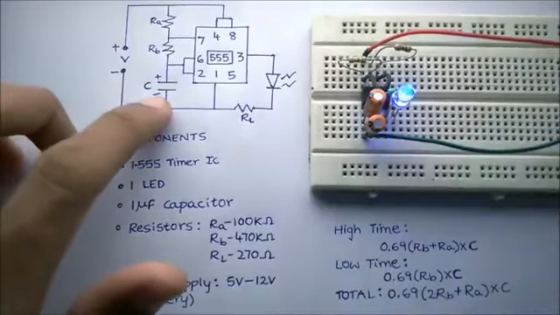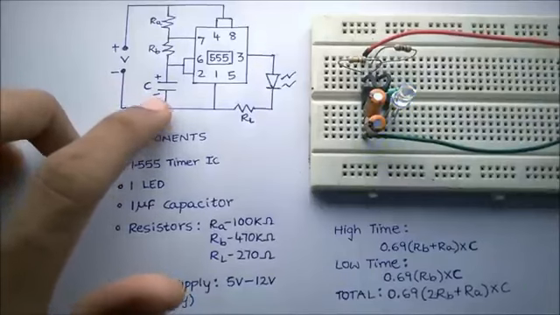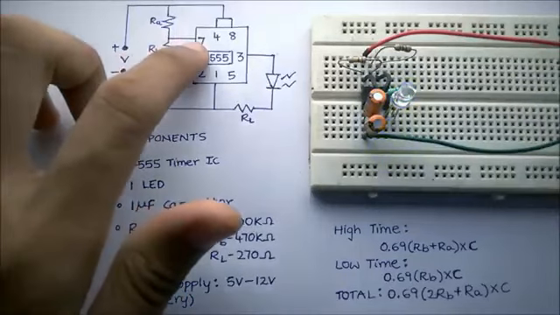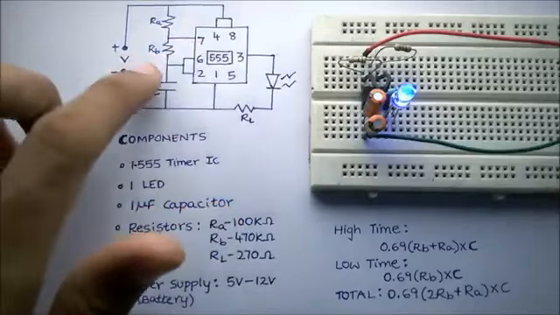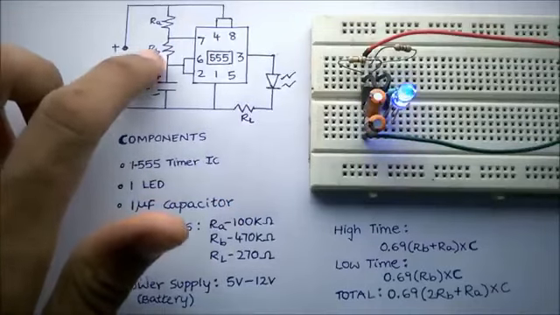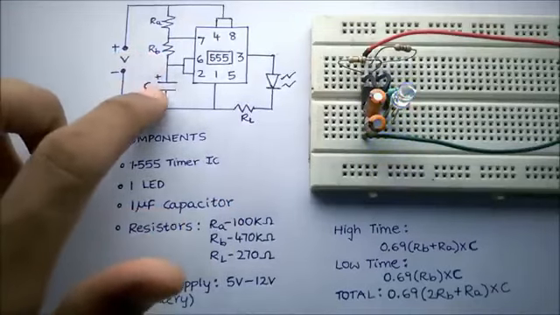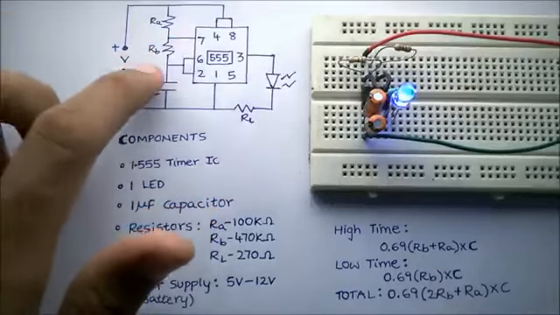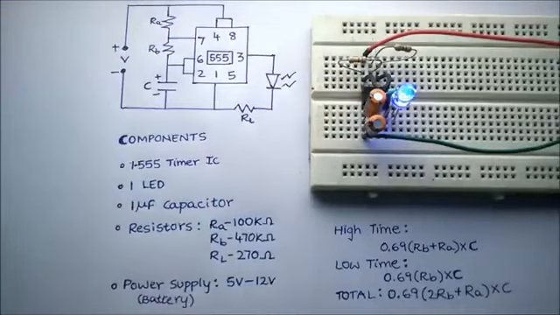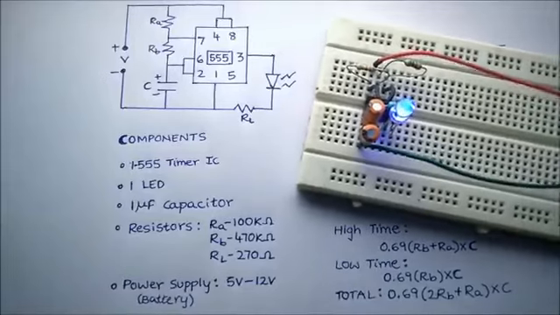Now the capacitor gets discharged through the path RB and through pin 7. So if we reduce the value of RB, the capacitor gets discharged very fast. I'll show you that now.